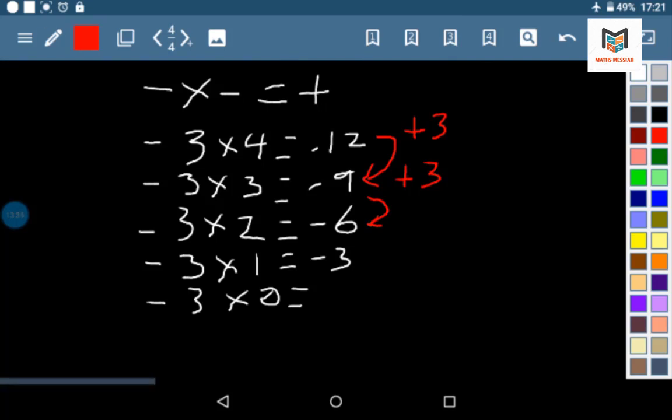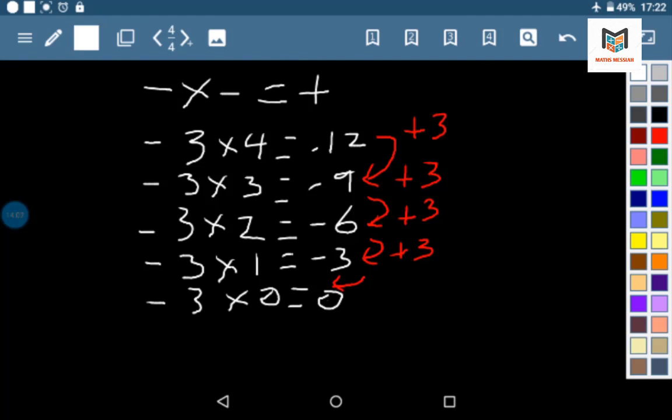When you add 3 to negative 6, it will bring you to negative 3. When you add 3 to negative 3, then that one will also bring you to what? That is 0.